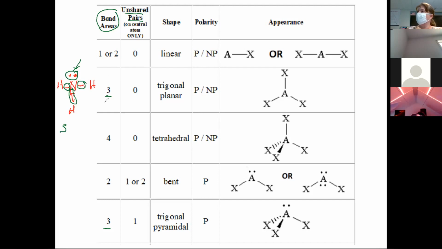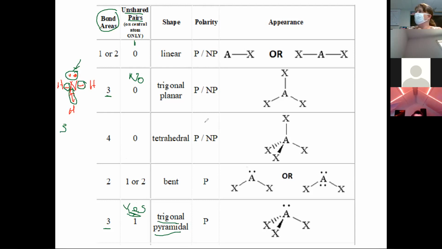So therefore, on the other table, this says no. Are there any unshared pairs? Yes, there are. So your answer is going to be 3 bonds, and yes, we have unshared pairs, so that's going to make this trigonal pyramidal.